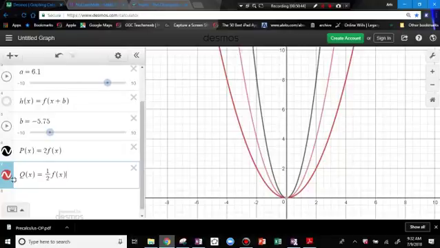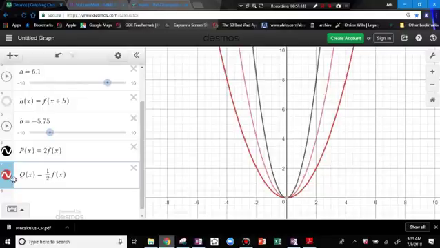Go ahead. So when you have a coefficient inside the parentheses, that's when you have to do the opposite thinking. Yeah, that's right. When it's on the inside, you do the opposite thinking. So here when I multiply by 1/2 on the outside, f represents the y coordinate.